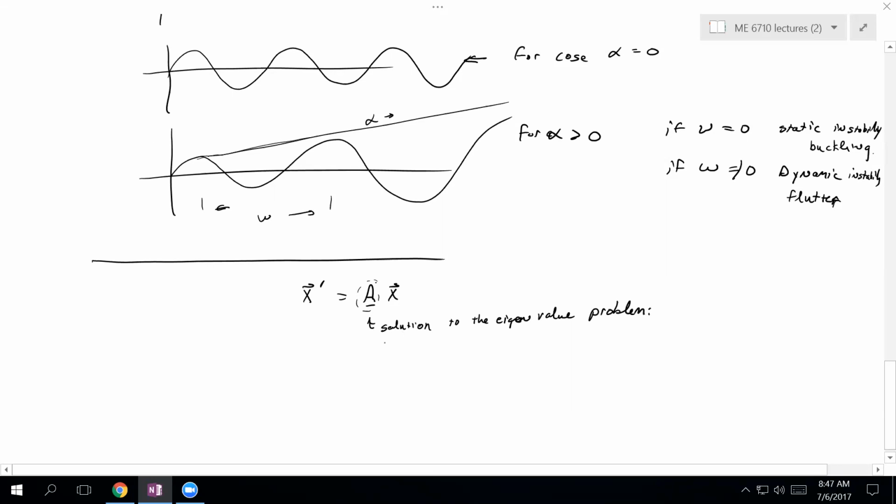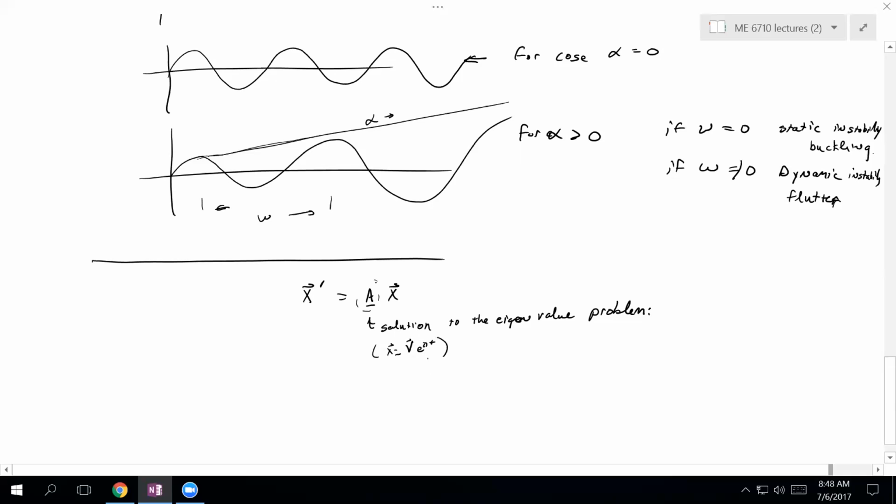So we'd assume X equals A e to the lambda t. I'm using too many A's here, so let me change my notation. Let's leave that as A, and call the eigenvector V.